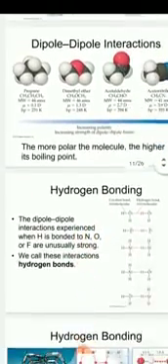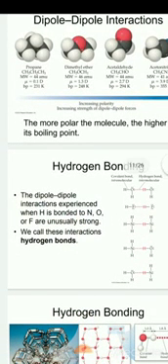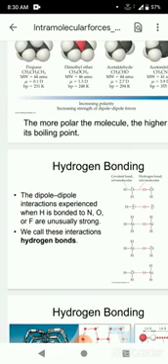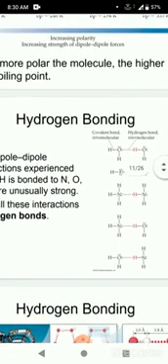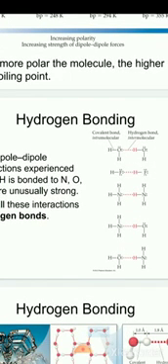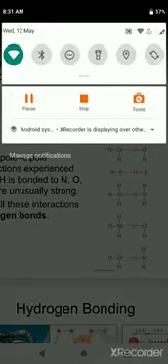Next is hydrogen bonding. This is the extended part of dipole-dipole force. It is also present in polar molecules; to show hydrogen bonding, the molecules must be polar, and this is a special type. It is only present when hydrogen is bonded to electronegative atoms like nitrogen, oxygen or fluorine, so in water and in ammonia these kinds of forces are present.